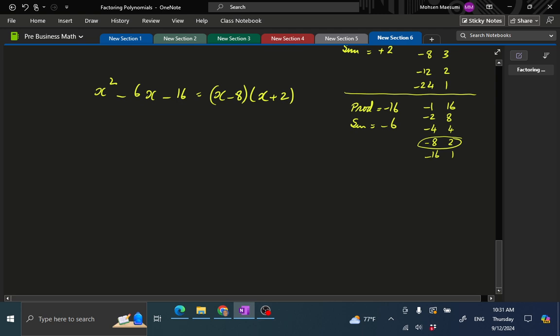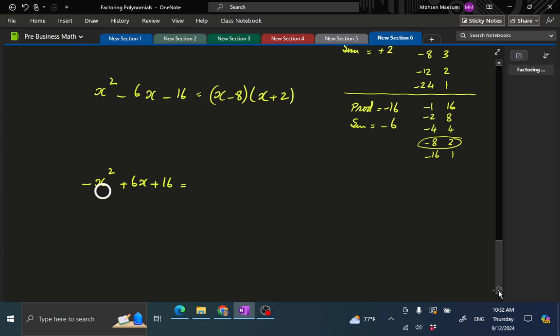How about another example? Suppose I had minus x squared plus 6x plus 16. We are accustomed to starting with x squared. So if there is a minus, you might as well factor that one first.